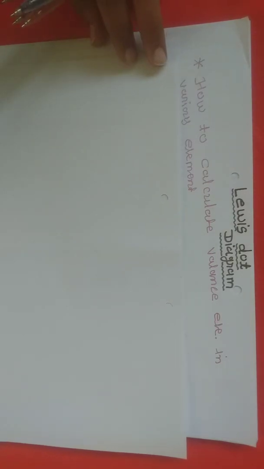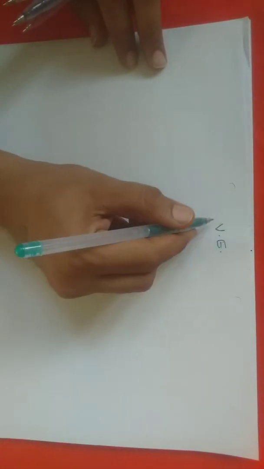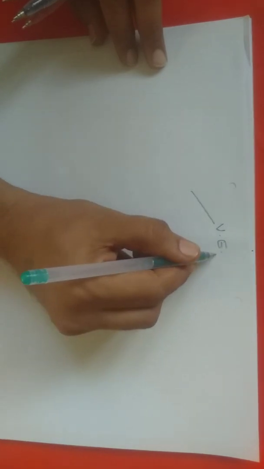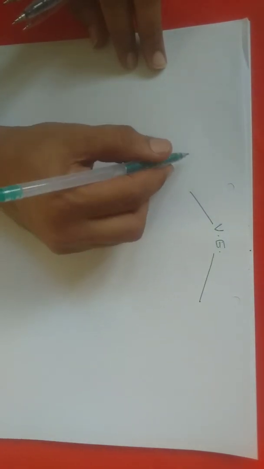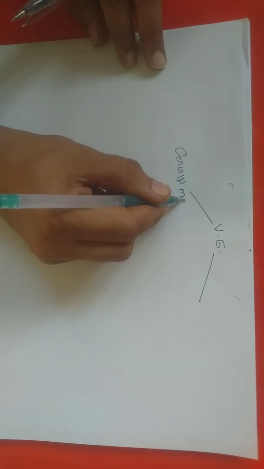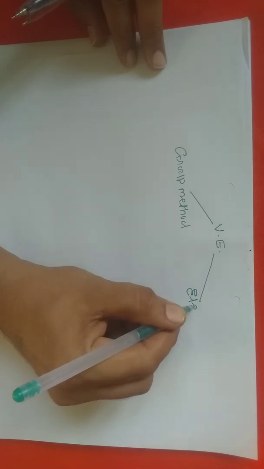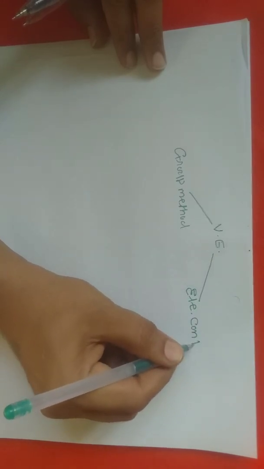So first, how to calculate the valence electrons of various elements. Friends, valence electrons can be calculated based on two methods. One is called the group method, and the second is called the electronic configuration method.